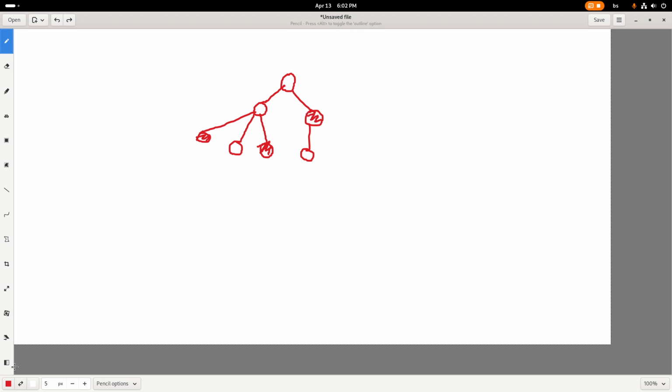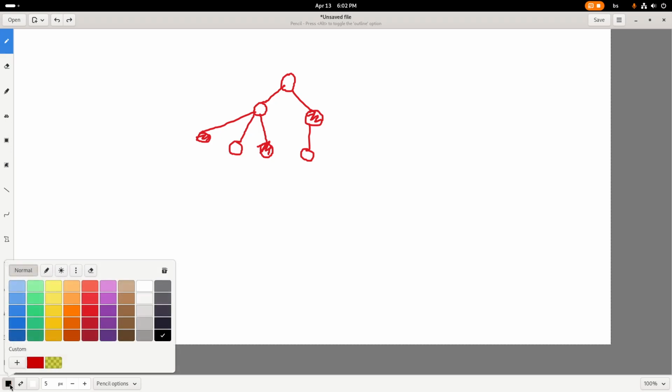Maybe this one is. Okay, the rest of these are black.